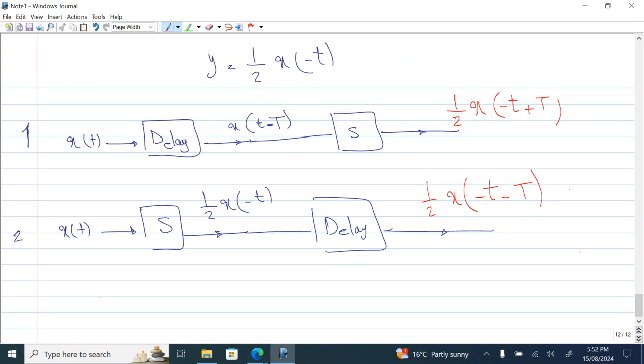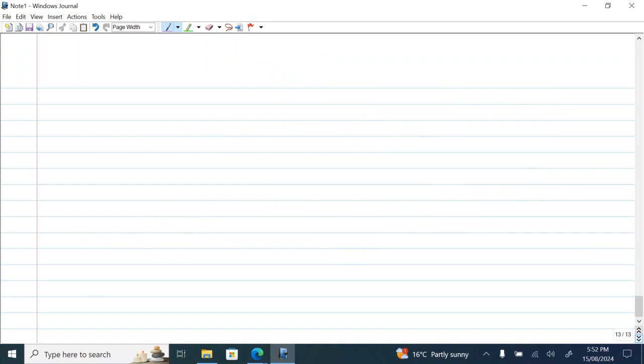Can you repeat how it's plus T on the top again? Okay, sure. So, to explain this, think about time. Don't think about t, okay? Just like when I said, don't think about x and y, think about what your system does. If I say x of t, what's your time?